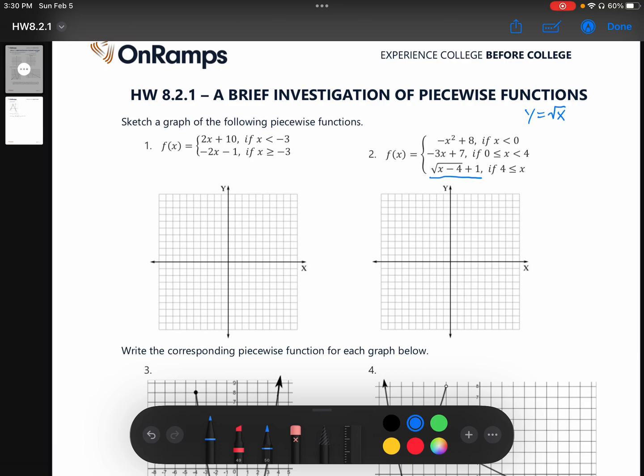The -4 means you move to the right 4, so 1, 2, 3, 4, and you're going up 1. So right here, this is literally where you're starting. And if you can come up with the x and y values for that, just come up with some x values that would be easy to take the square root of, and you should be on your way.